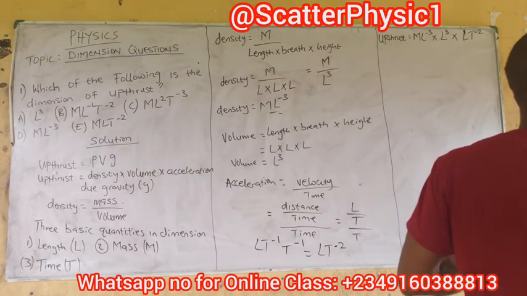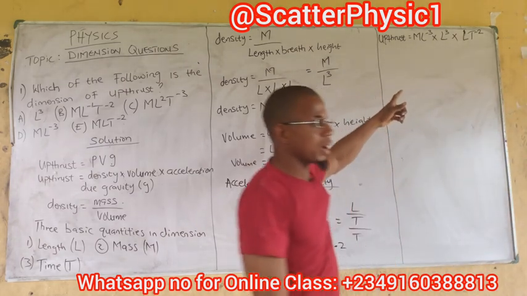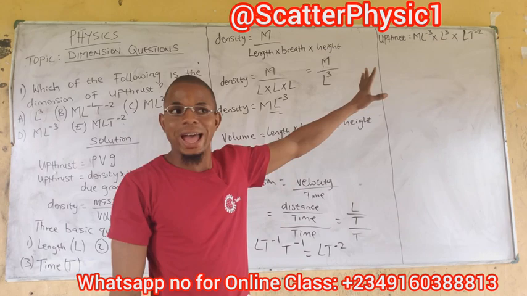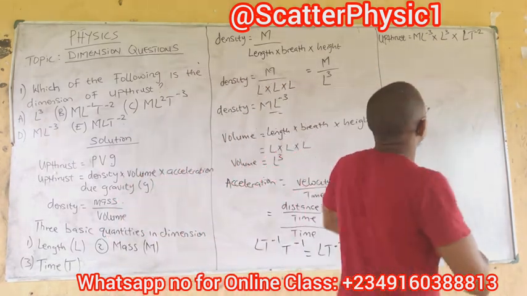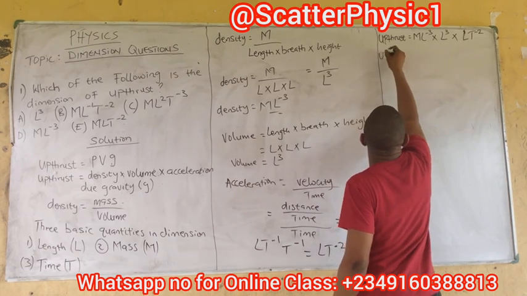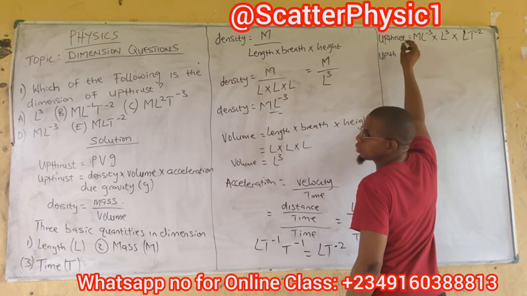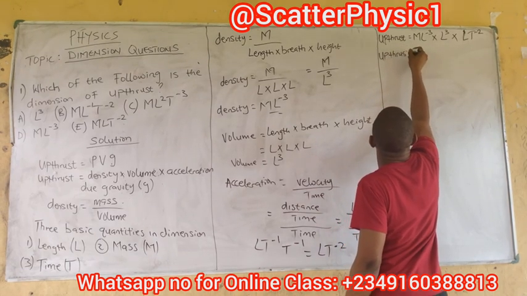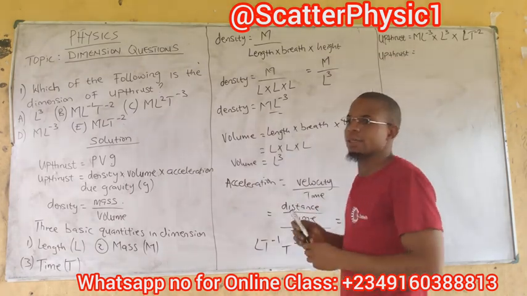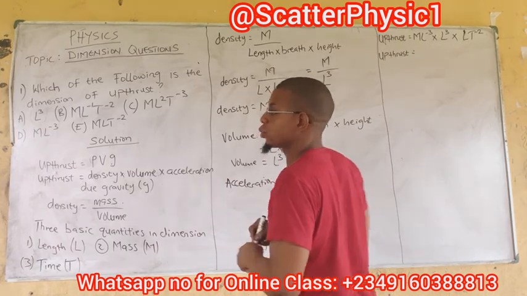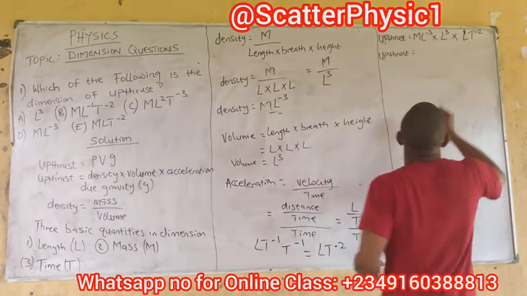So now this is what we have. To get the upthrust, remember we multiply and collect like terms.